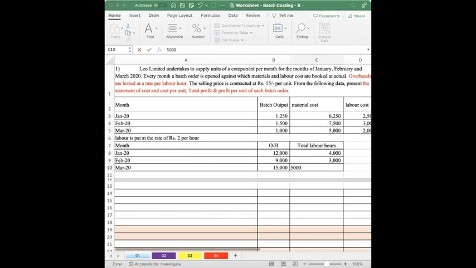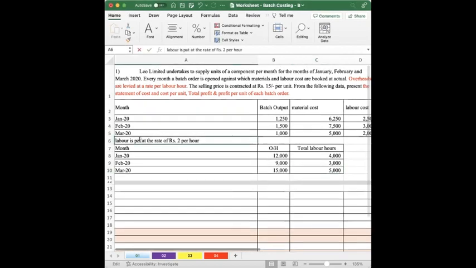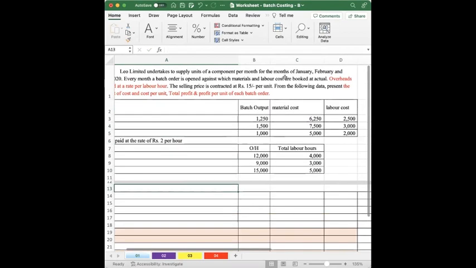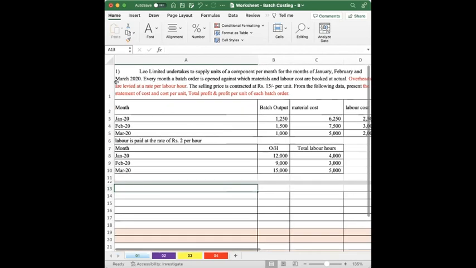What is the requirement? You are supposed to present the statement of cost.